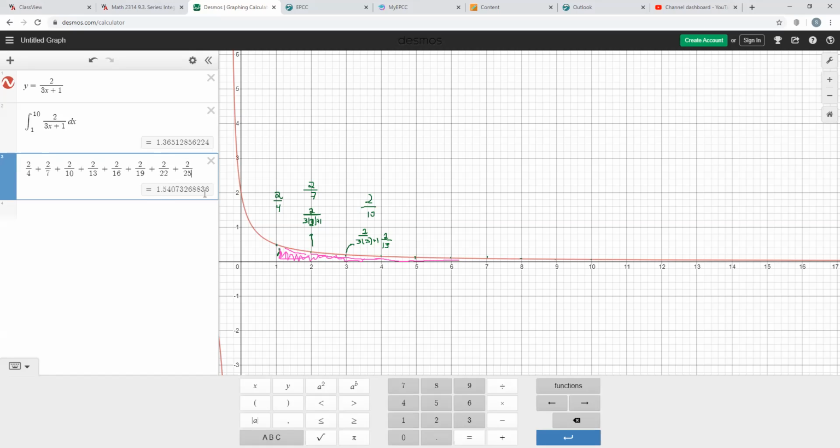It's a different number. But if the area converges, then so will the sum of the individual terms. If the area underneath does not converge, which means it goes larger and larger to infinity, then when you add up these individual terms, they also will diverge to infinity.